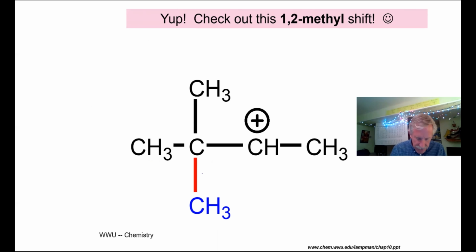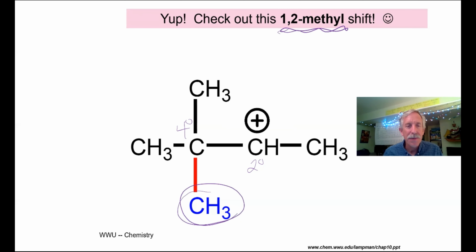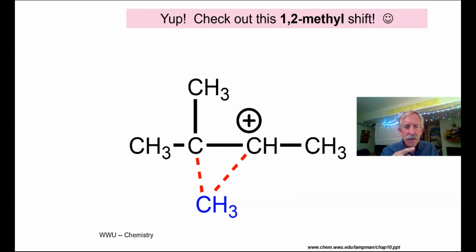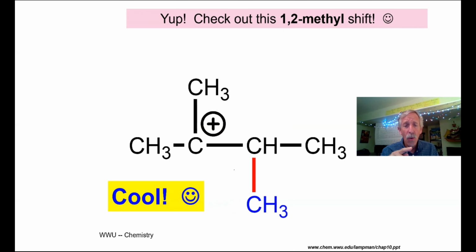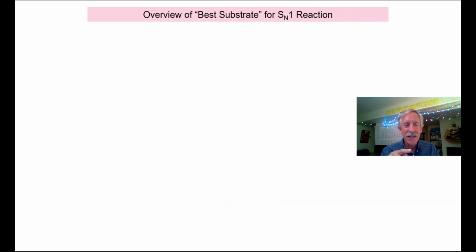So here I have a quaternary carbon. It's got 4 carbons attached to it, next to it secondary. So maybe I can get the methyl to jump. Oh my God, that means this entire methyl and its pair of electrons, wait, you need to see this. Here we go. Watch closely. Oh, wasn't that cool? Wait, come back.